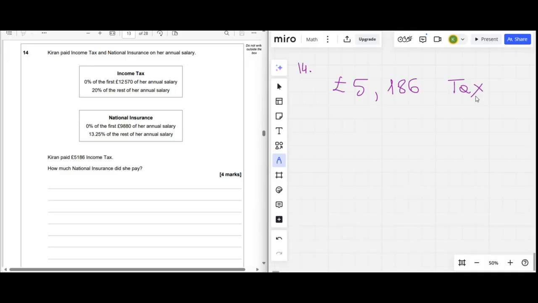Okay, so that tax is 20% of the taxable amount.